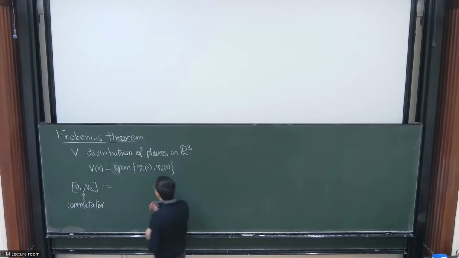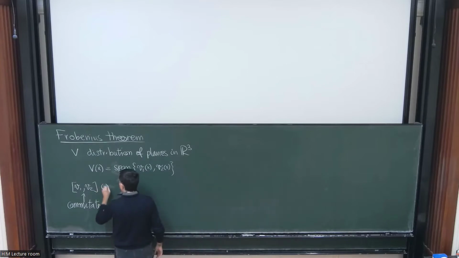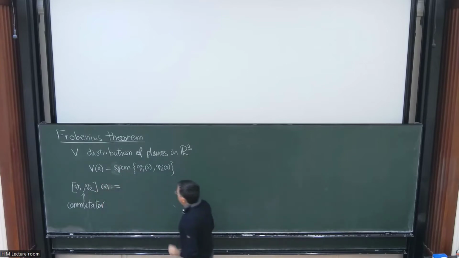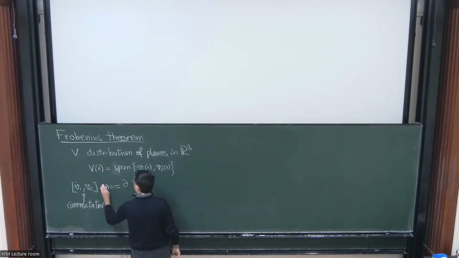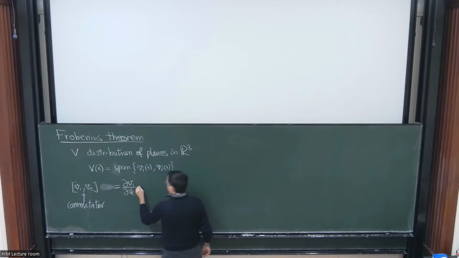Okay, what is it? At a given point X, you simply take the derivative of the second vector field in the direction given by the first vector field, so let's write it like this. Forget about the X. And you subtract the derivative of the first vector field with respect to the second.